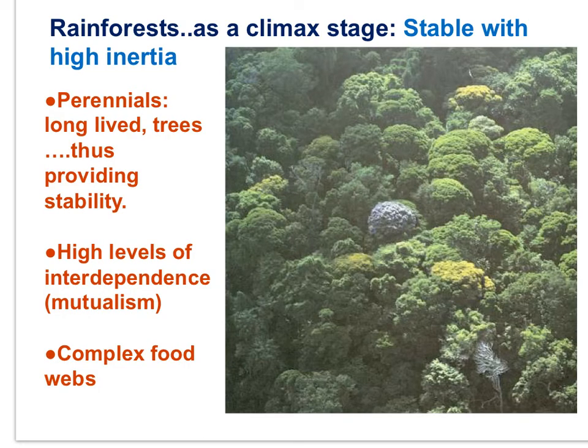Late successional stages, climax stages, are stable with high inertia. They resist change due to the nature of the species. Forests are dominated by perennials, long-lived trees, big individuals, large storages, thus providing stability. As well, there are high levels of interdependence, mutualism, and complex food webs. This is a stable system.